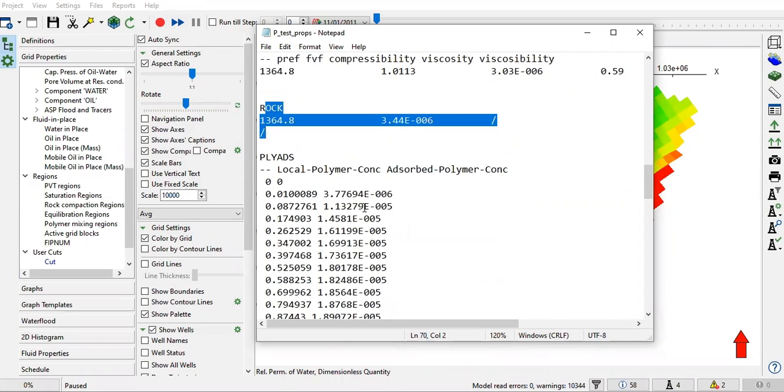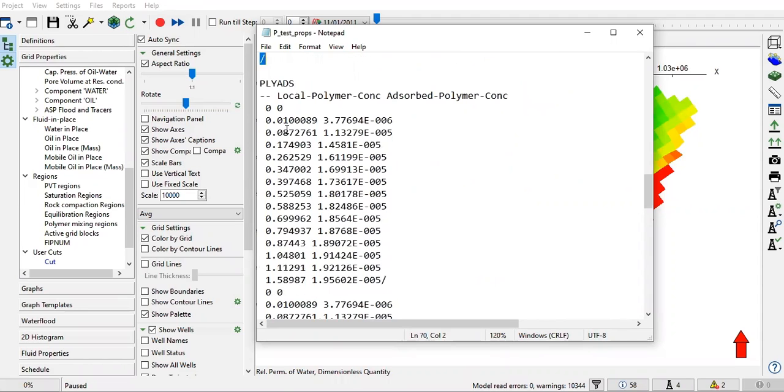And then this is very important for polymer injection, PLY adds. This is actually to specify polymer adsorption. Okay, so that's why we have local polymer concentration here for the first column, and the second column will be adsorbed polymer concentration. Because when you inject polymer, some polymer will be adsorbed on the pores.